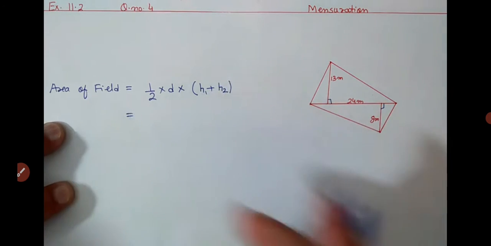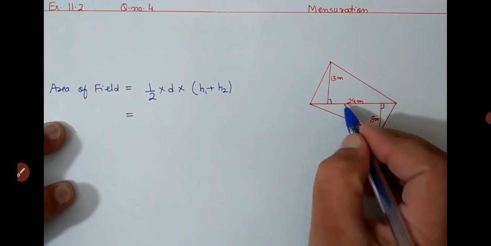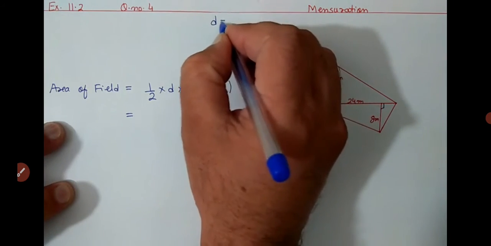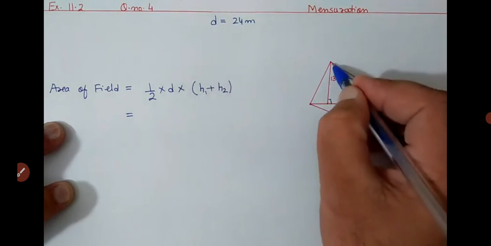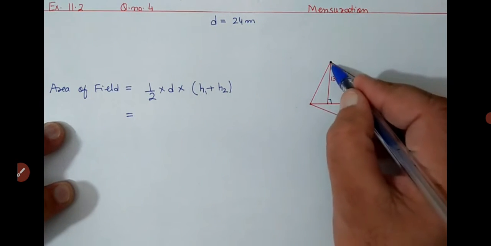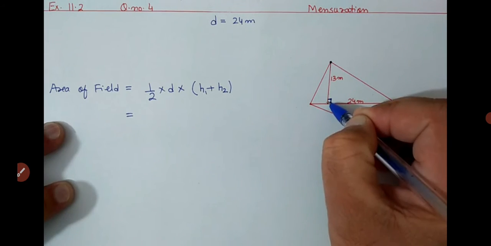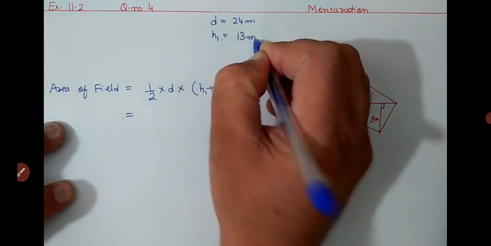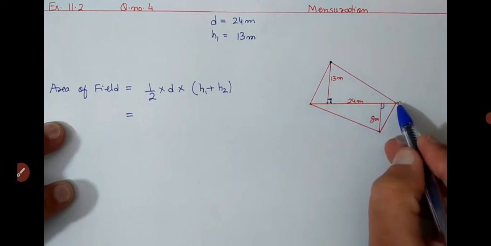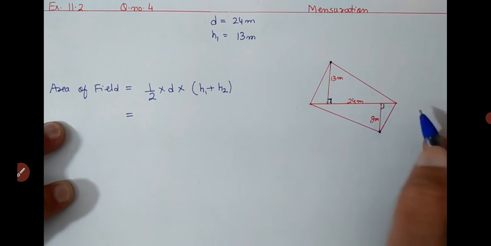It's given that D is 24 meter. From the vertices, the first perpendicular is 13 meter, so H1 is equal to 13 meter, and H2 is also given, that is 8 meter.